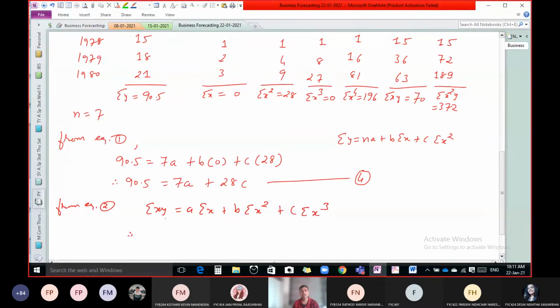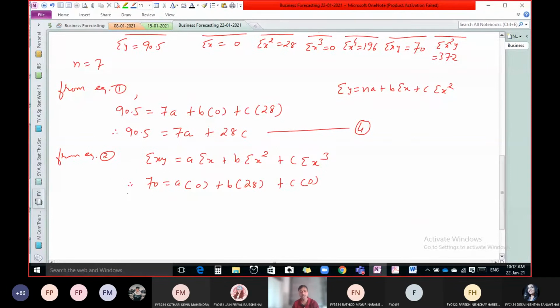Sigma xy is 70. A into sigma x is 0, plus b into sigma x square, that is 28, plus c, and sigma x cube is also 0, and because of this we get direct value of b here.